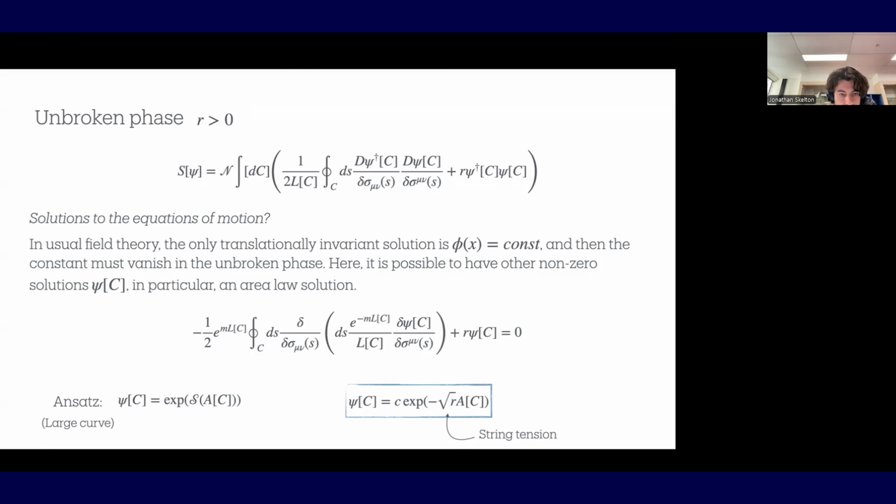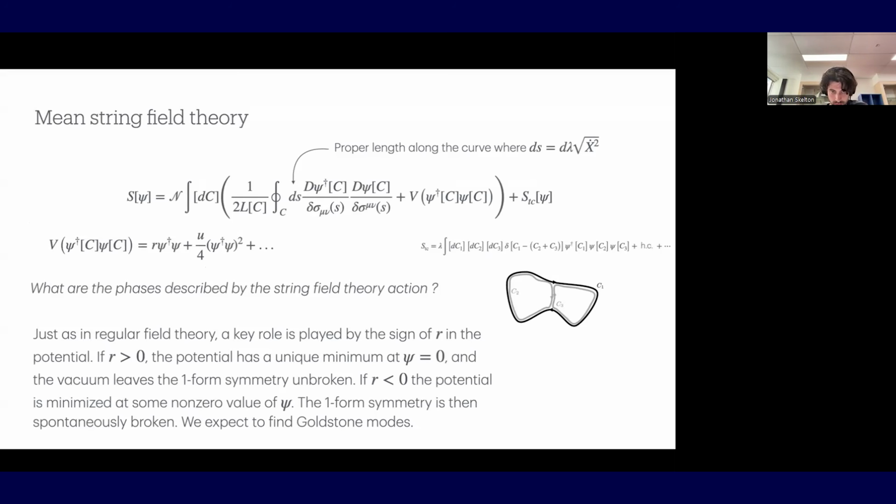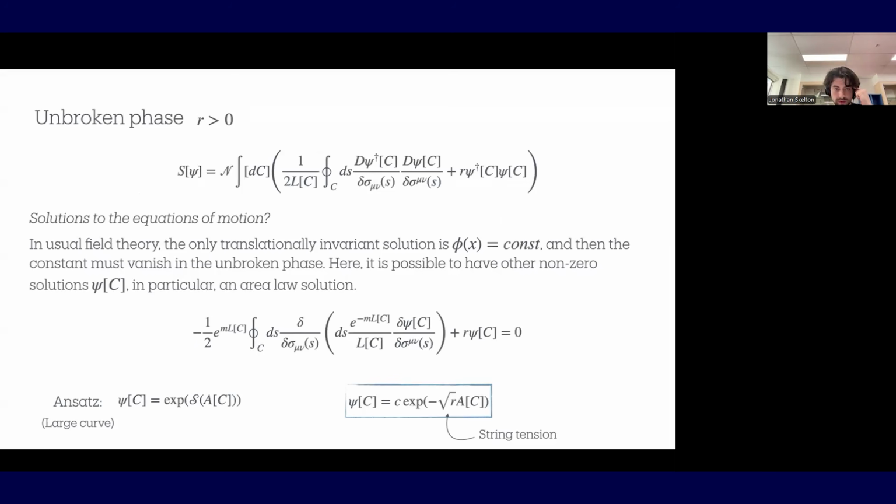Okay, what is S in this context? It's the same as before. The one I defined here with lambda, if you prefer a parameterized curve, right? The dot is the derivative with respect to lambda. Oh, I don't mean that S, sorry. I mean the one that's in the ansatz, the curly S. Yeah, it's a function of the minimal area of the curve.